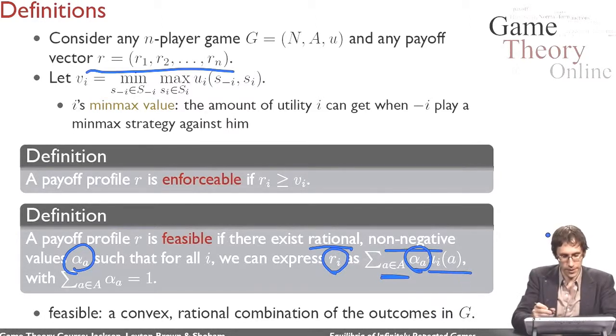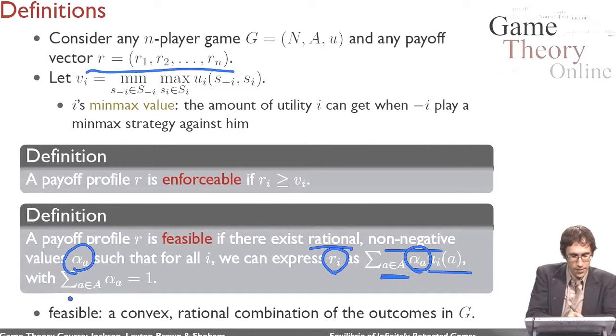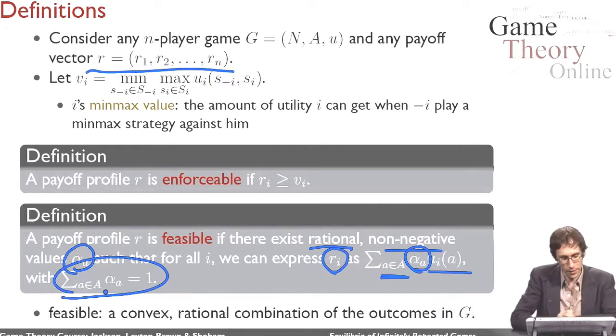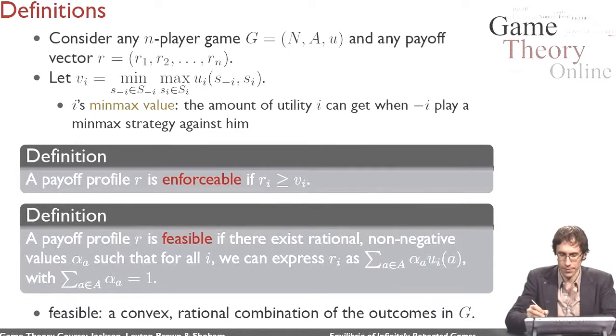And of course I need this last part of the condition, that these alphas all sum to 1 across all of the action profiles. So let me explain to you what this means.